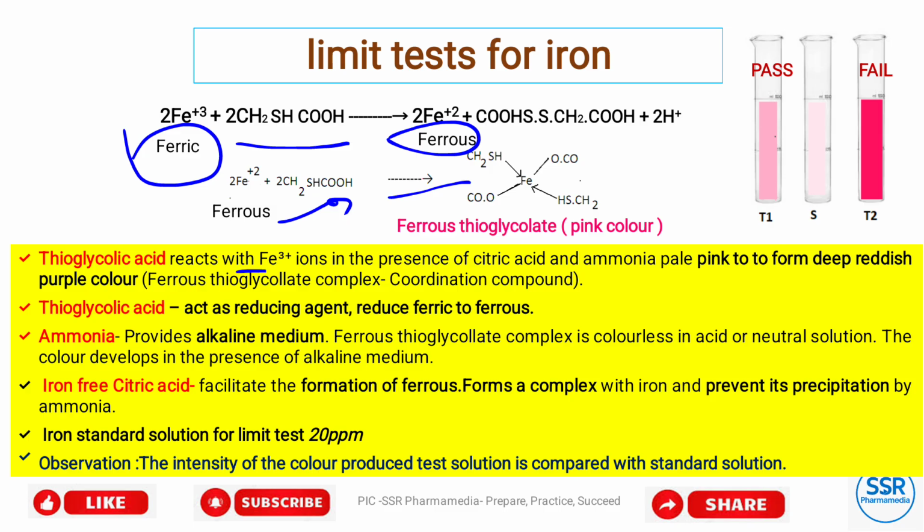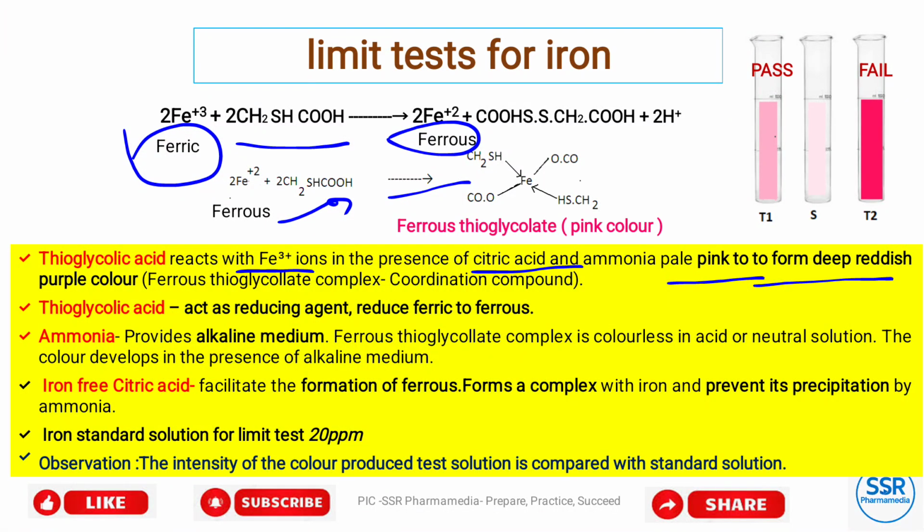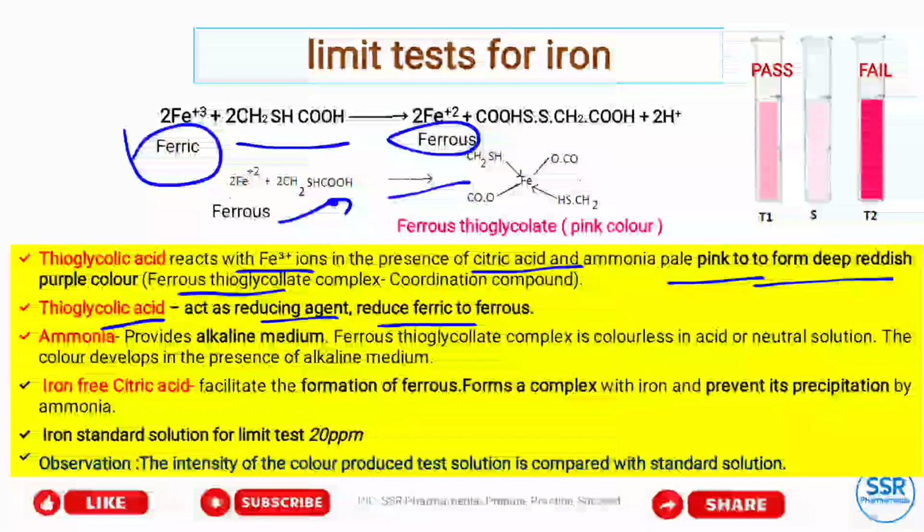Thioglycolic acid reacts with ferric ion in the presence of citric acid and ammonia, producing pale pink turning to deep reddish purple color. So ferrous thioglycolate complex is formed, and it is a type of coordination compound. And thioglycolic acid acts as a reducing agent to reduce ferric ion to ferrous ion, the first reaction.